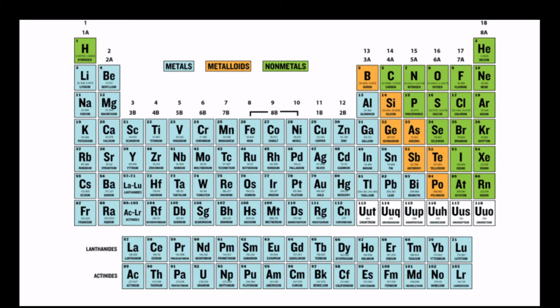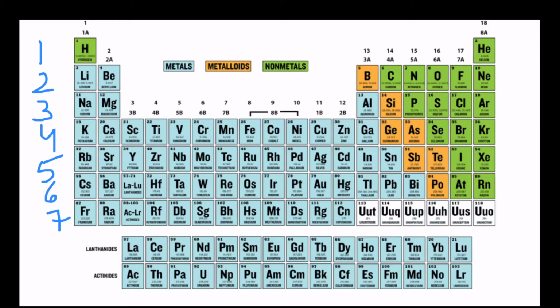In the modern periodic table, there are 18 groups. These vertical columns, they are known as groups. We can see there are 18 groups. There are 7 periods in it. This is the first period, this is the second period, third period, fourth period, fifth period, sixth period, and 7th period.